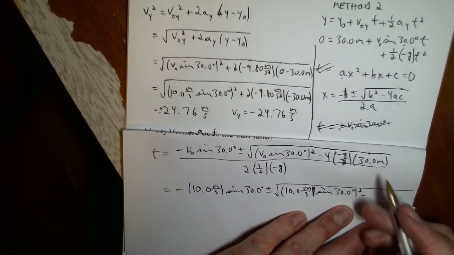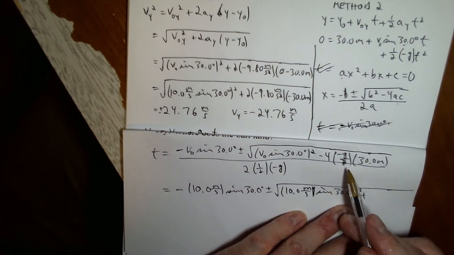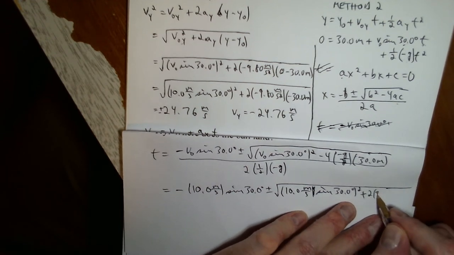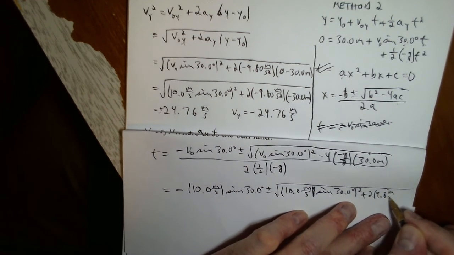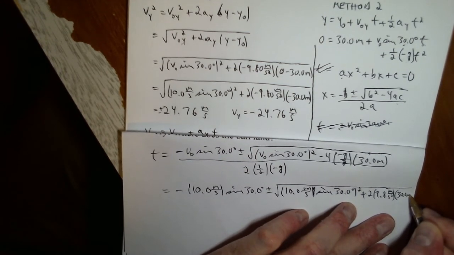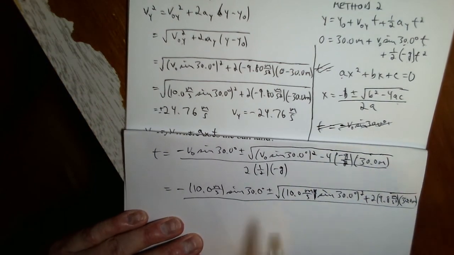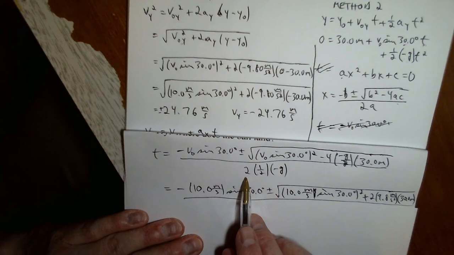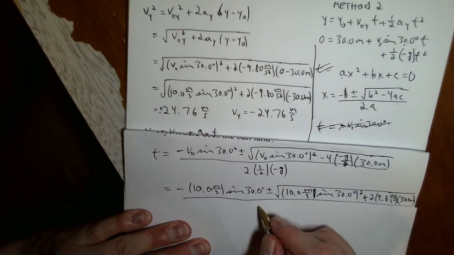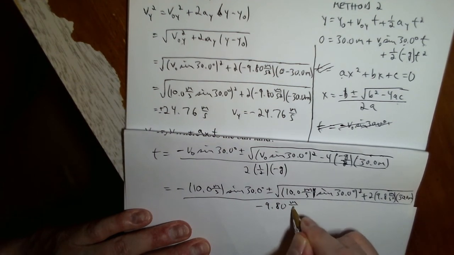Minus times minus is plus. 4 divided by 2 is 2. So it's going to be plus 2 times g, 9.8 meters per second squared, times 30 meters. Whole thing over 2 times 1/2 is 1, times minus g is minus 9.8 meters per second squared.